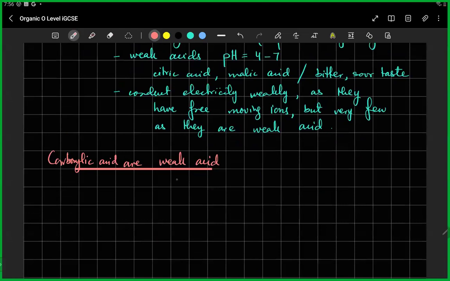Weak acid ionizes partially. It dissociates partially and produces fewer H positive ions. ठीक है, तो कम H positive ions produce करेंगे. So they don't ionize a lot.